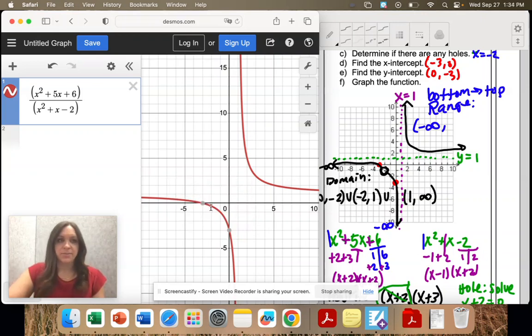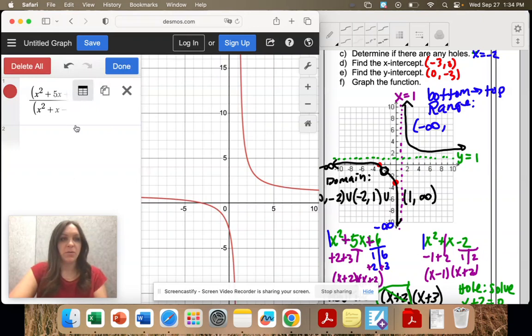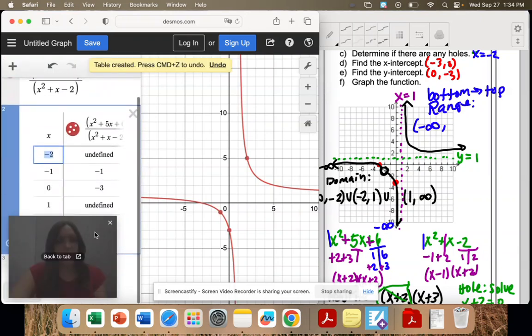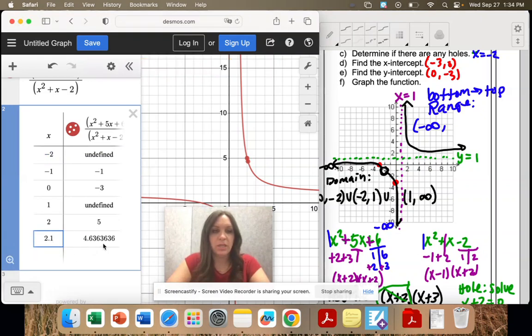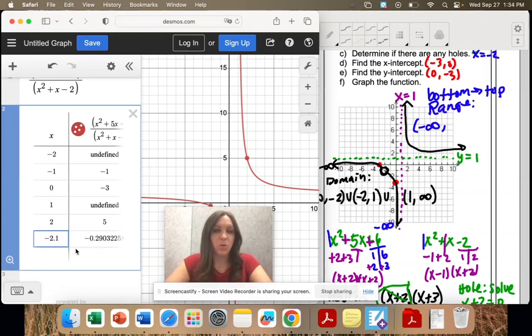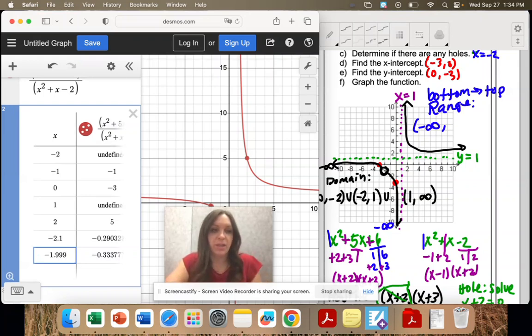So like, I'm going to make a table. If I do x values at 2.1, that's to the right of the hole. Sorry, negative. I'm like at 0.3. Okay, and then the other way would be leading up to the hole. That would be at like negative 1.99.